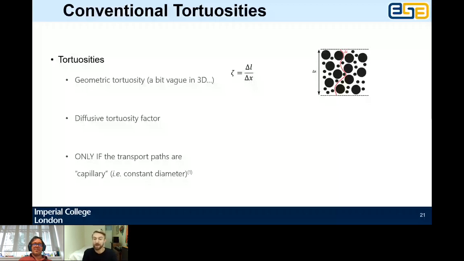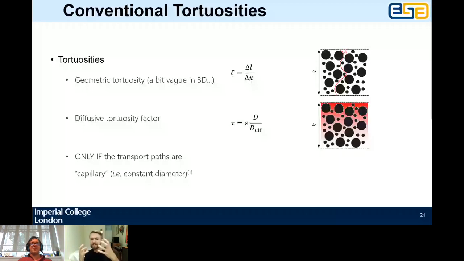The trouble is this is very badly defined in most 3D geometries. Where should it have started? Where should it have finished? How wide a berth should it have given the obstacles? Not a well-defined metric in porous media. The more conventional tortuosity factor for microstructure is the diffusive tortuosity factor. Okay, and this is the ratio between the sort of measured transport parameter and the intrinsic transport parameter of the transporting phase.